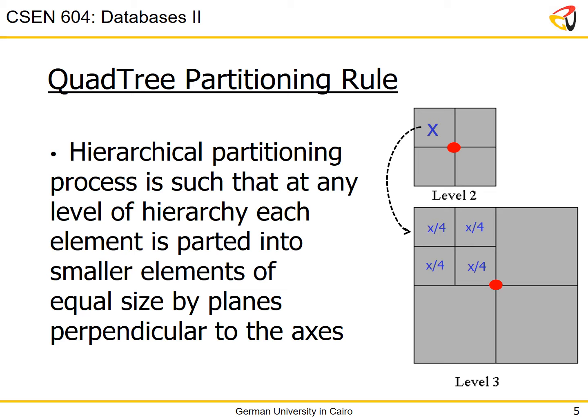The impact of that is that we are enhancing the resolution of the X data set that was contained in the top left square in level 2 by splitting it into 4 squares in level 3.